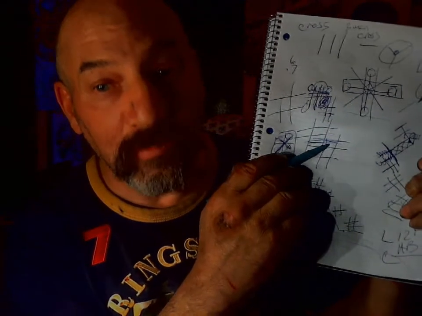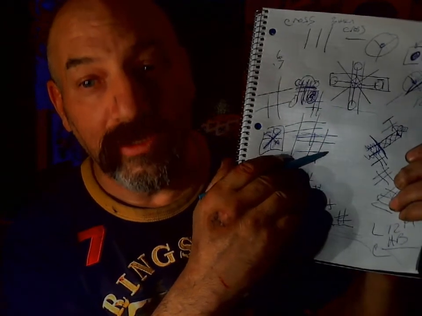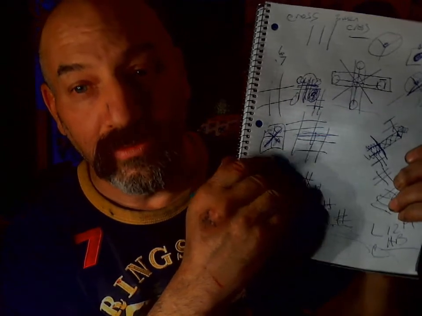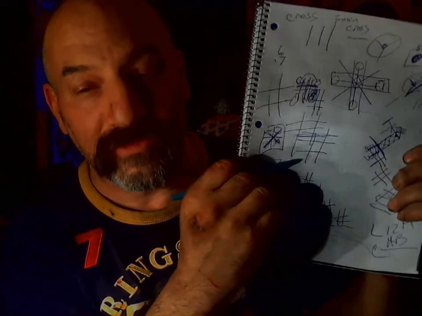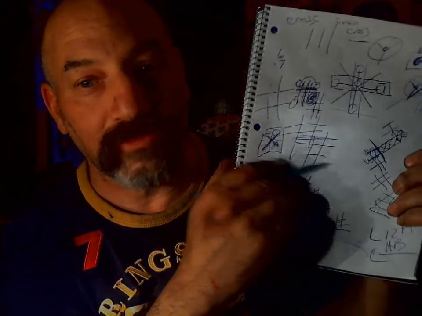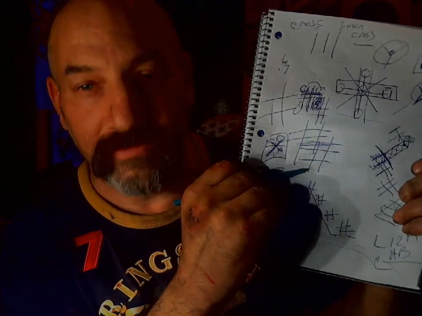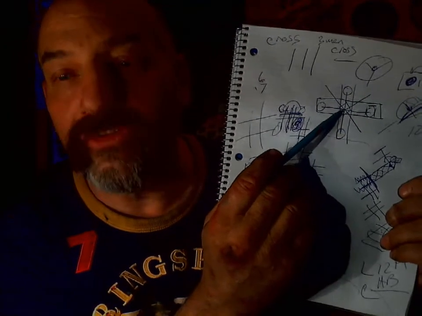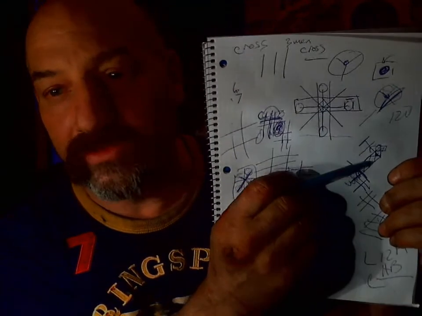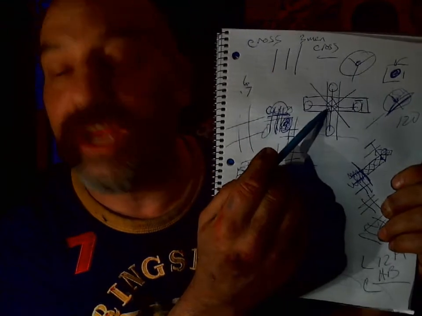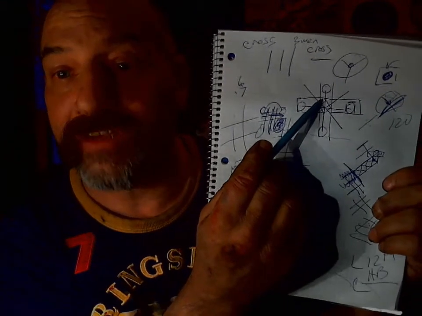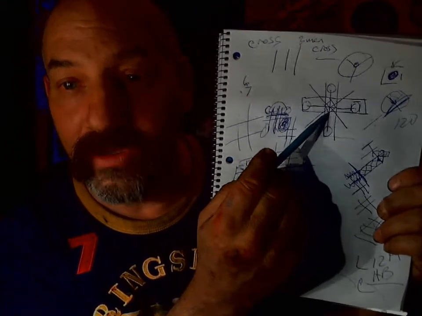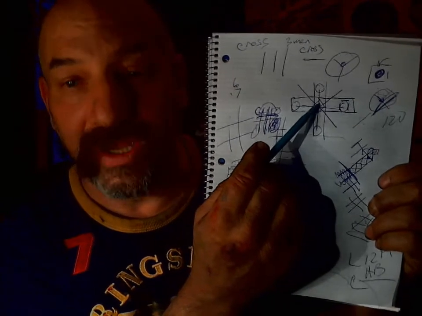Tic-tac-toe. You, me, you, me, you, me, you, me, you. You got 1, you got 3, you got 7, 9, and 5. I got 2, 4, 6, 8. It's all a relative game, like Einstein. Now what we're going to do is continue this. One square box that we designed over here, going up straight, goes right through the box. It takes 1, 2 to get down, 1, 2 to get up.